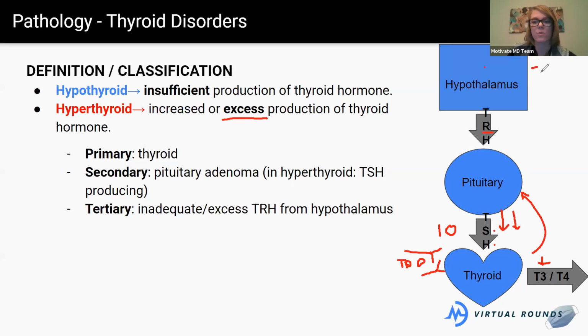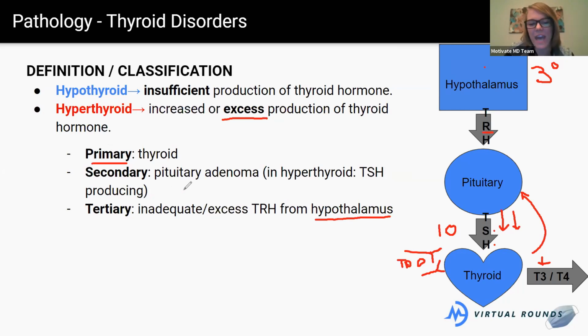Tertiary, that's the one up here, the hypothalamus. That's fairly rare, tertiary hyperthyroidism or hypothyroidism. Even tertiary hyperthyroidism is very rare. So if you're ever shadowing or with your attending, don't suggest tertiary just by sheer odds. You're probably better off always going with primary just by numbers.